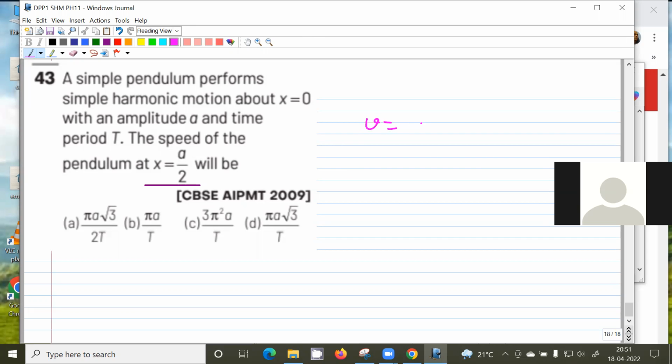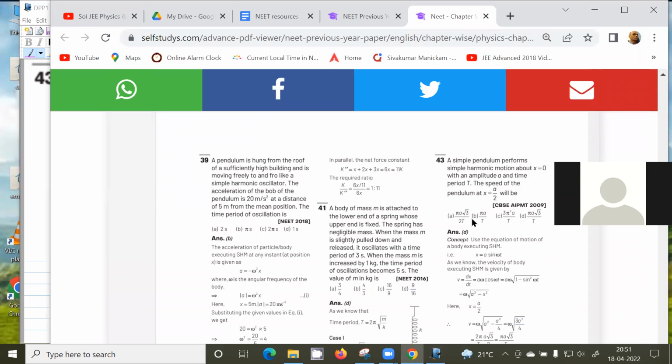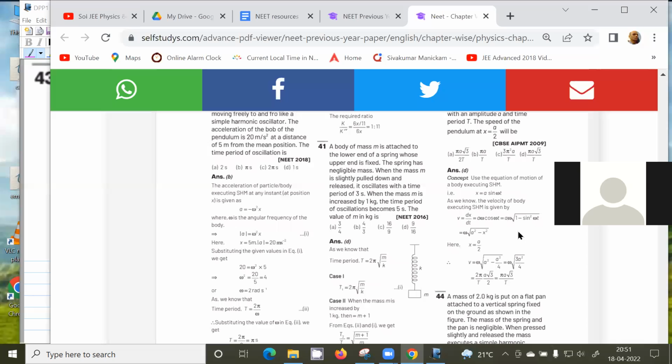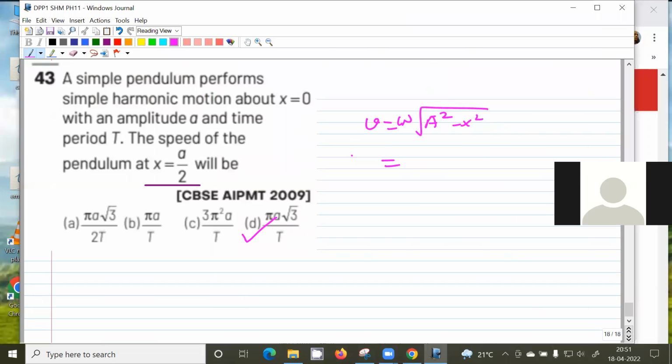Fourth option D. Root 3 times 5 A by 2. So this is the formula you use, right? Yes, sir. So omega you can write as 2 pi by T.